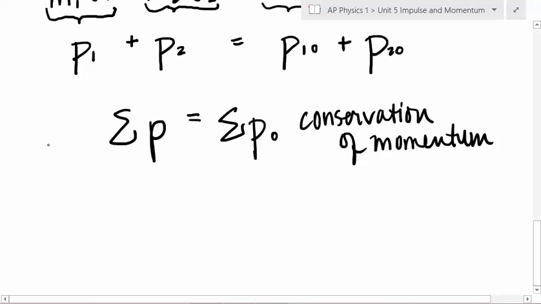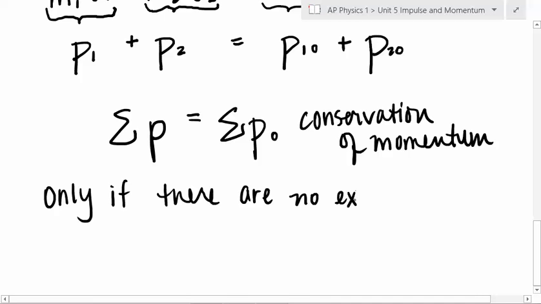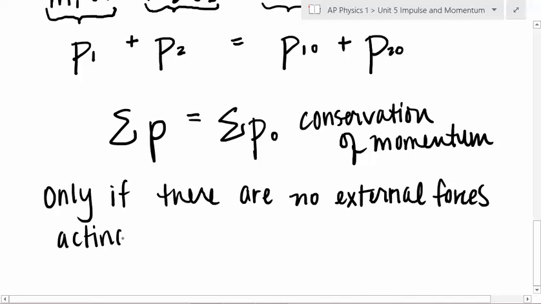Momentum is only conserved if there are no external forces acting on the system or the bodies.